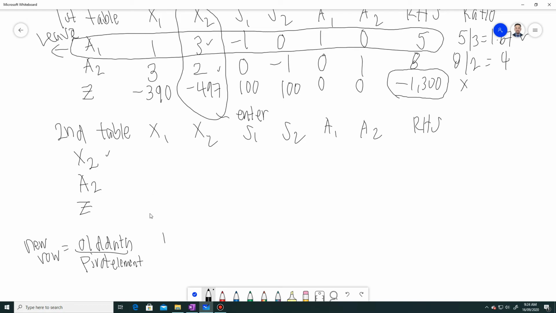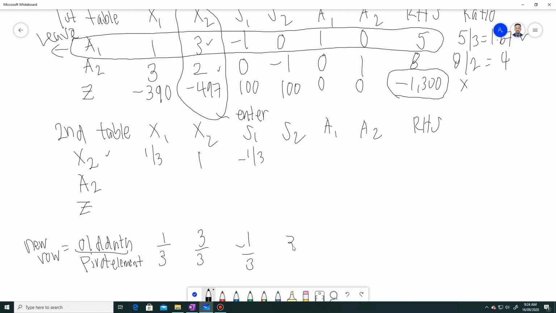The old data is 1 divided by the pivot element 3, so 1/3, and then for x sub 2, we have old data 3 here divided by 3 is 1. We do that to the other variables. We have here negative 1/3.